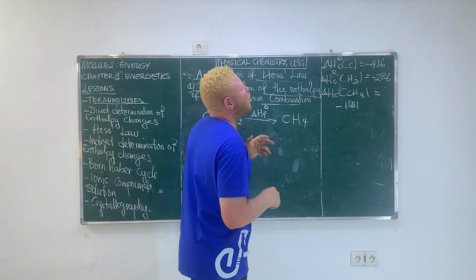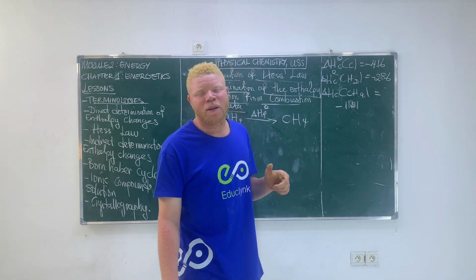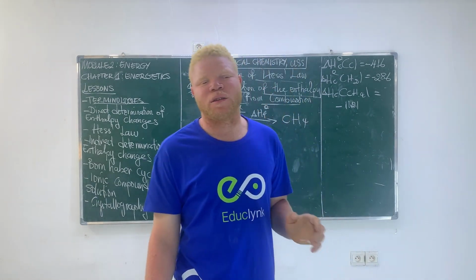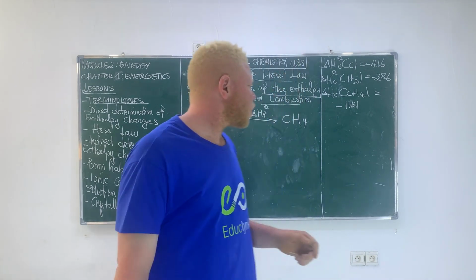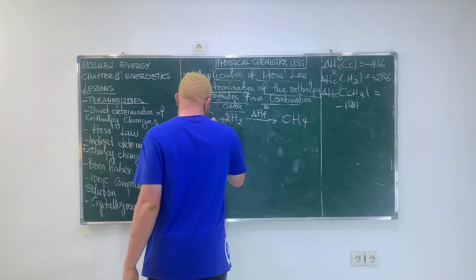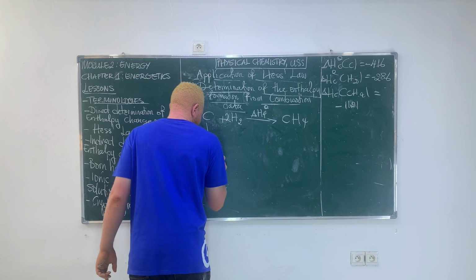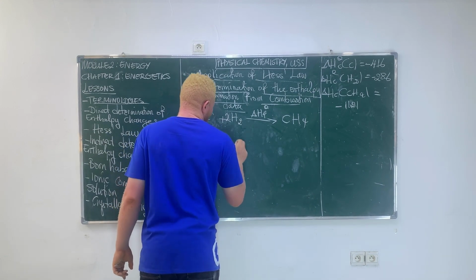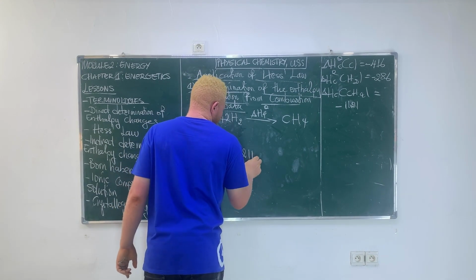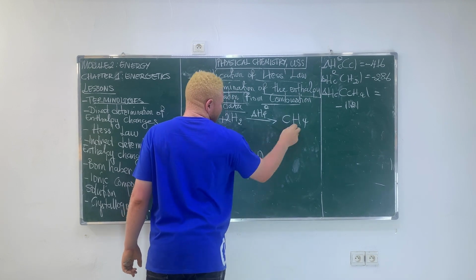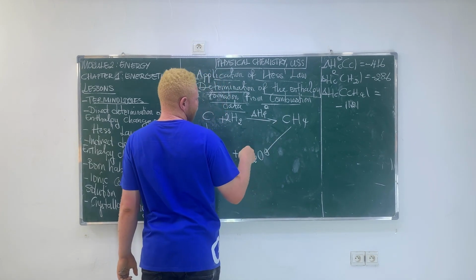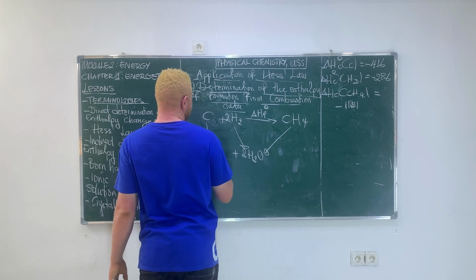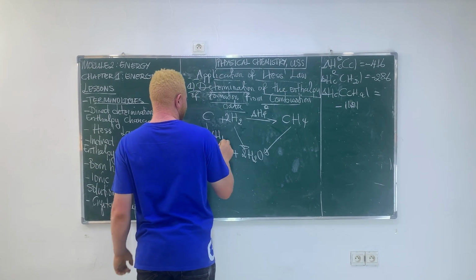But remember that the enthalpy of combustion has been given to us. So if you burn carbon, you have carbon dioxide. You burn hydrogen, you have water. You burn methane, you have carbon dioxide and water. So I put the data, delta H1.